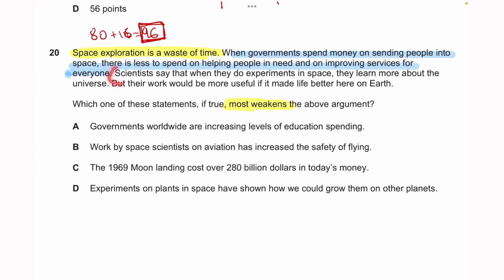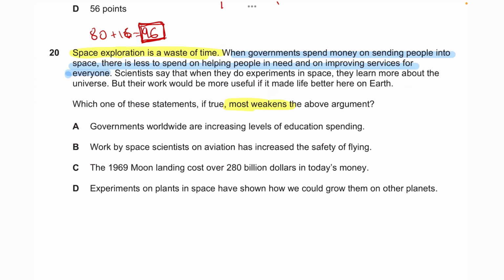So it's also covering the grounds that scientists are saying that they learn more about the universe, but their work is not directly correlated to making life better here on Earth. And so that's why we need to find something that most weakens the above argument.